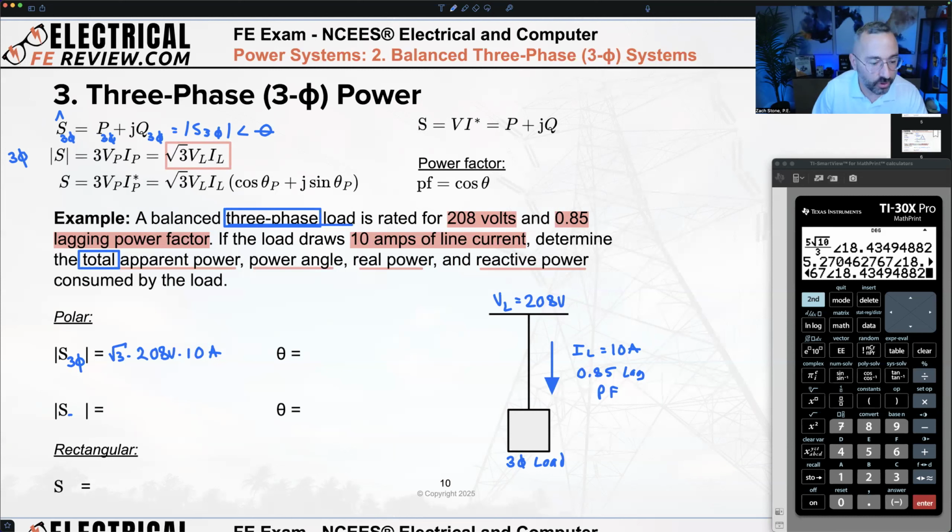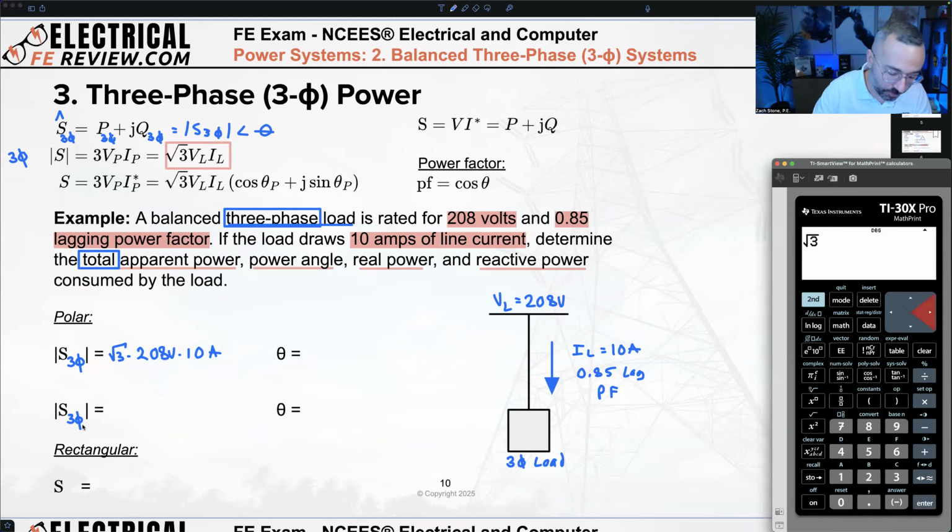What do we get for the three-phase apparent power? Who's got their calculator handy? I'm typing it in exactly how it appears: square root of 3, 208, and 10, all multiplied together. All right, what do we got?